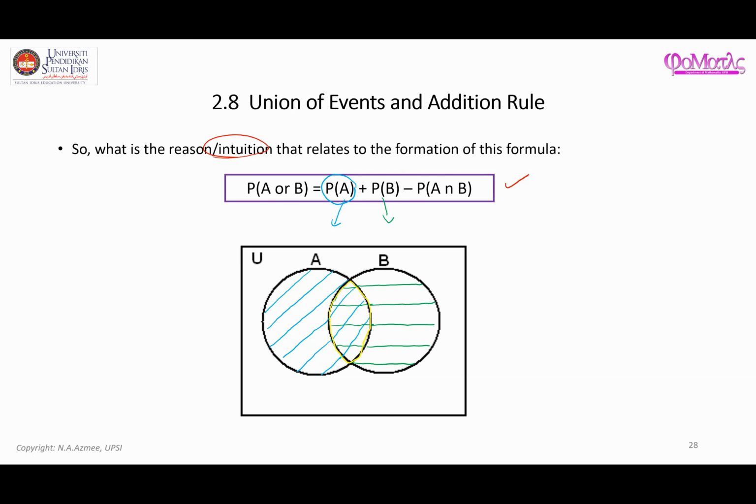So in the process of trying to find probability A and probability B, this small area here at the intersection part has been double counted, and this is wrong, and for that reason we have to make sure that we minus the probability on the intersection area.